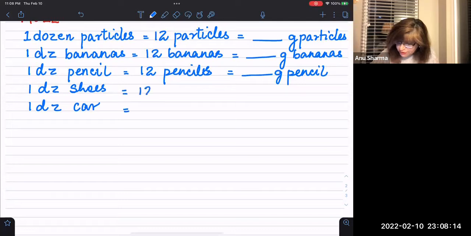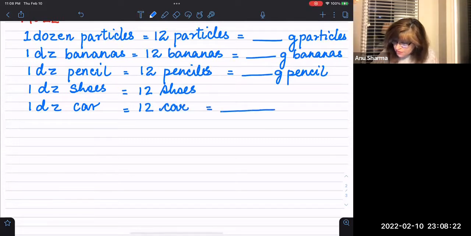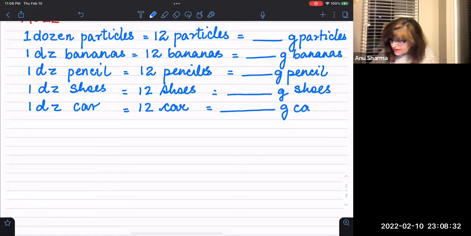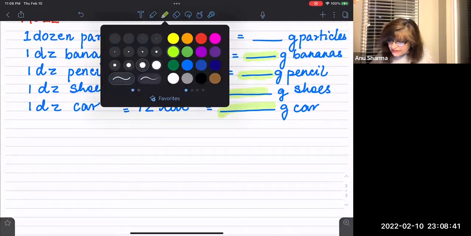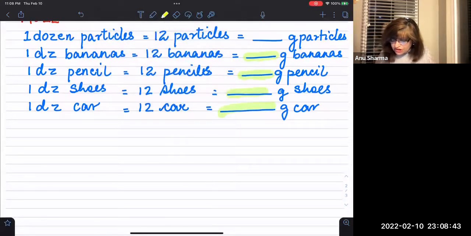Shoes, fine, 12 shoes, but 12 cars are going to have a huge amount of weight. The cars, shoes, pencils, and bananas all weigh differently. However, the thing that is stable and does not change is this quantity, dozen, which relates to 12.